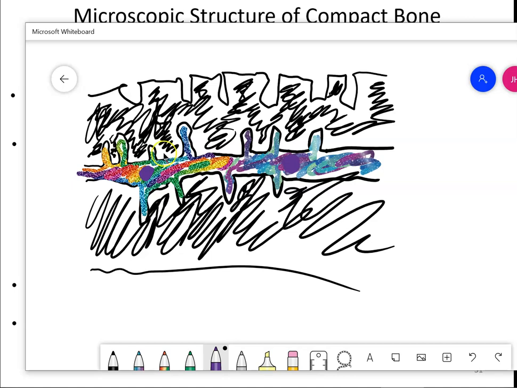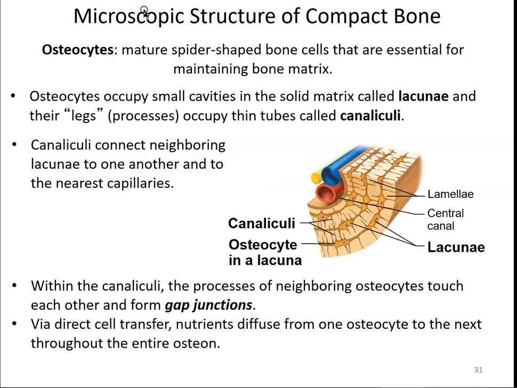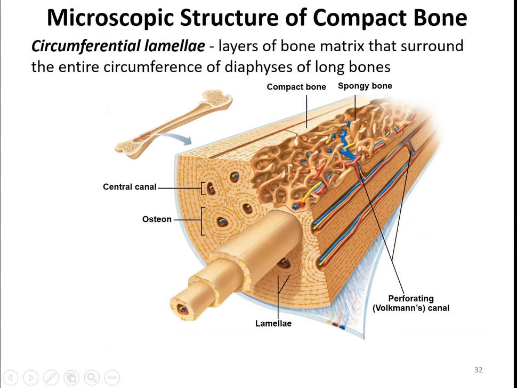What that means is that small molecules can move from the cytosol of this osteocyte to the cytosol of this osteocyte. And that allows both chemical signaling, but also sharing of some nutrients. So it's a really dynamic and active area inside bone.